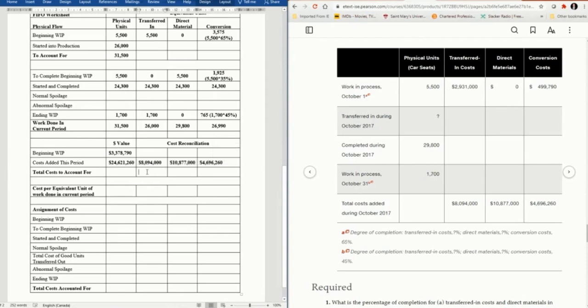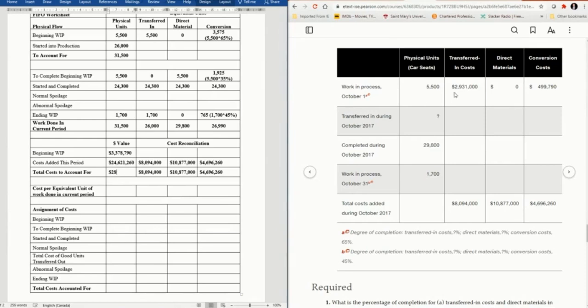Professor, just a quick question. If it's those three numbers that we're adding, I got something slightly different. I got 24,621,260. Oh, that's what's there. Never mind. I think that's what I got. I have a question, Professor. How did you get this beginning work in process of 3,378,790?